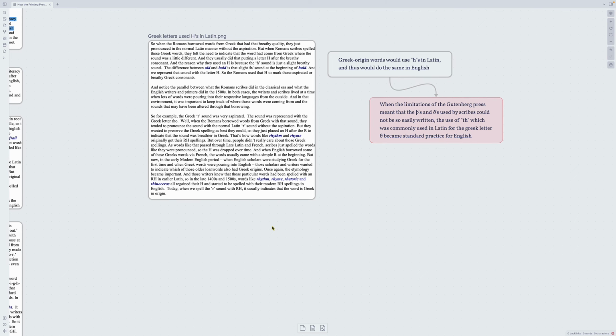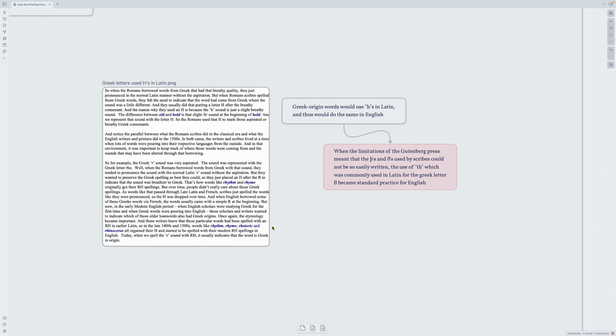So part of the reason for that is Greek letters have been for quite a time spelled in Latin with an H. Like the Greek letter rho, it was aspirated, more aspirated than the Latin R, and so they would write it as RH. And the same goes with the TH.